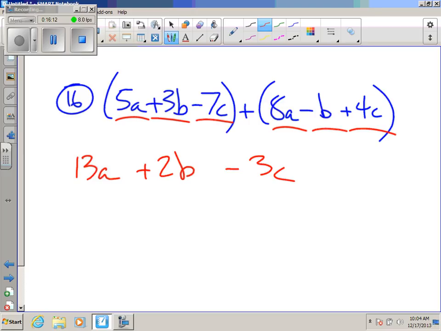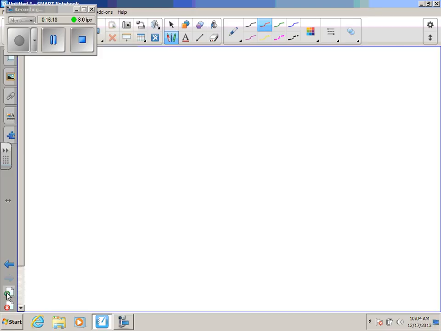Yes? 20 to 24, find each difference. What is it that we did, and see if you can remember what we did that made it very similar to the problem that we just finished.